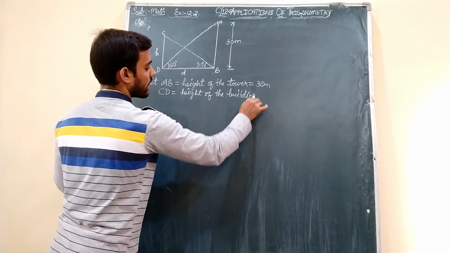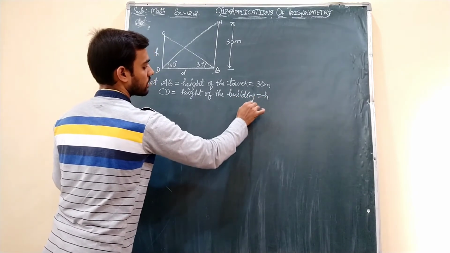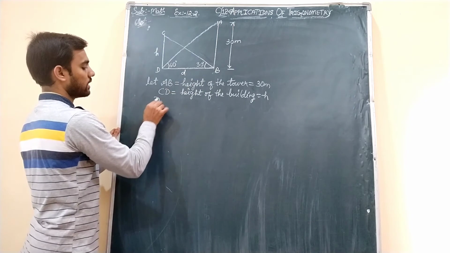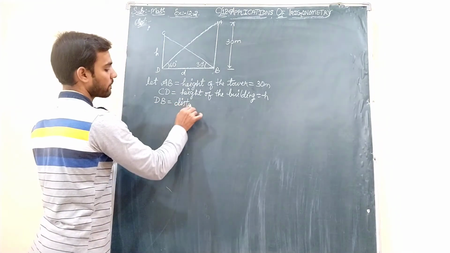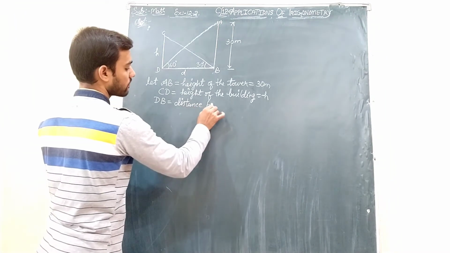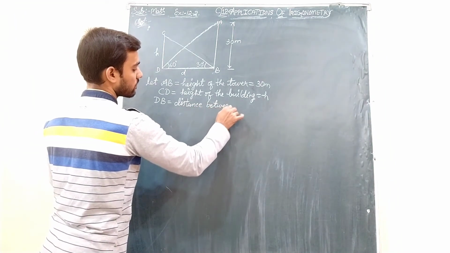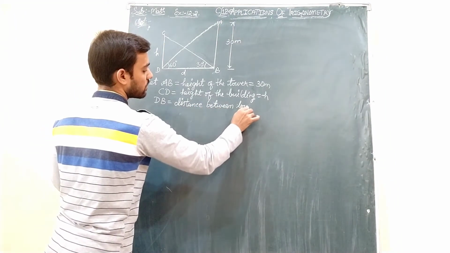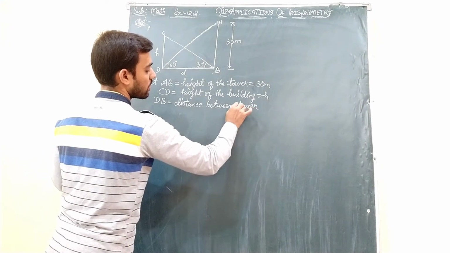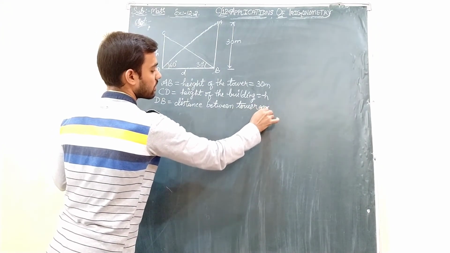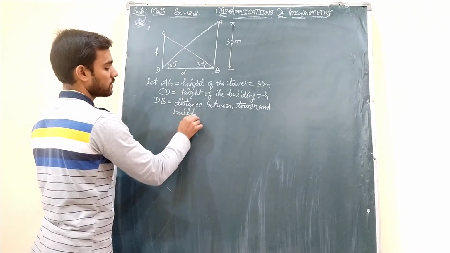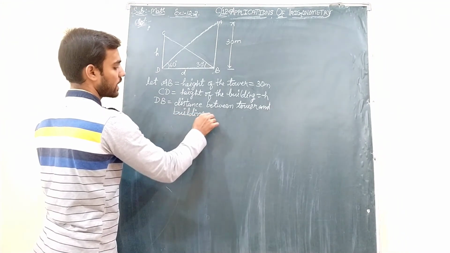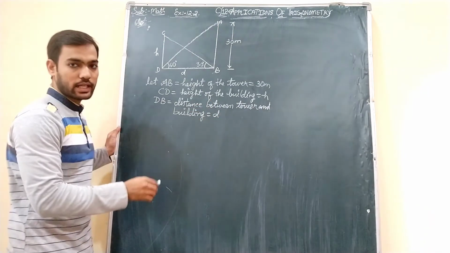So let us take that as H. Next, DB, which is the distance between tower and building. Right, students? DB is the distance between tower and building. That is D we will take.